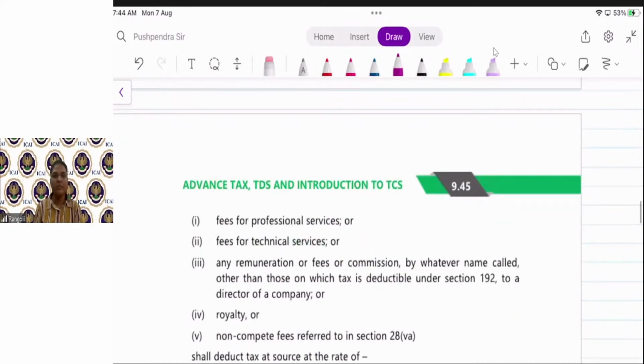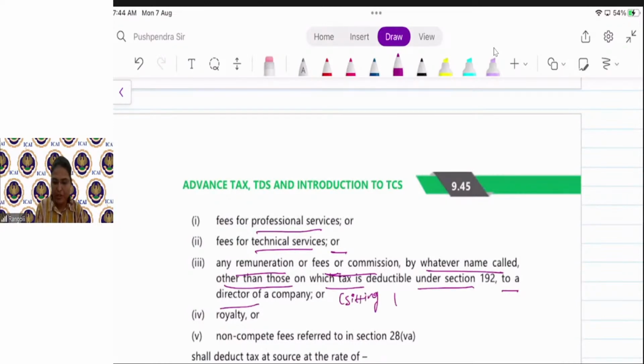So here the TDS is required to be deducted on fees for professional services, fees for technical service, or any remuneration or fee or commission by whatever name called, other than those on which tax is required to be deducted under section 192, to a director of a company, that is sitting fees.